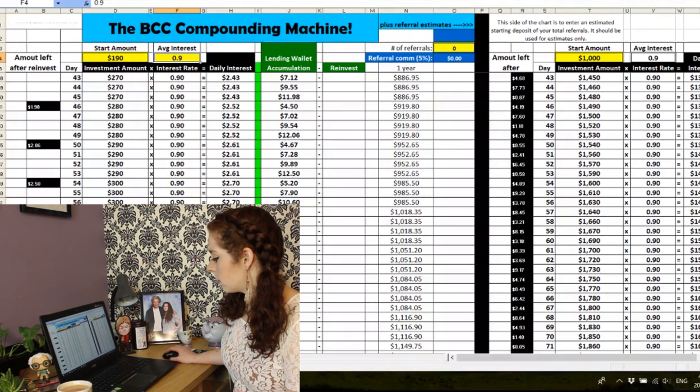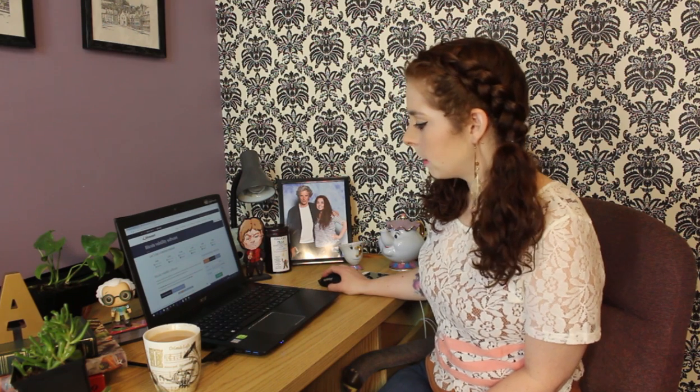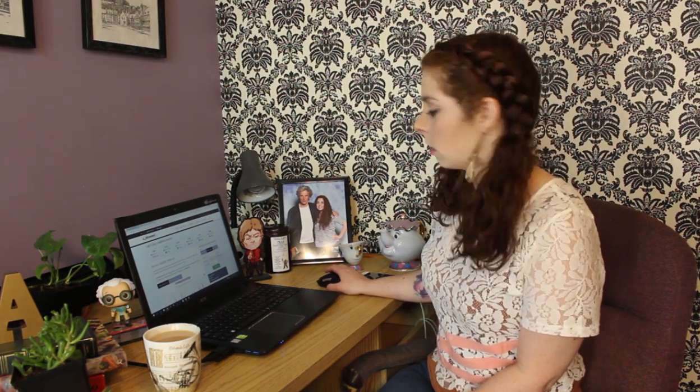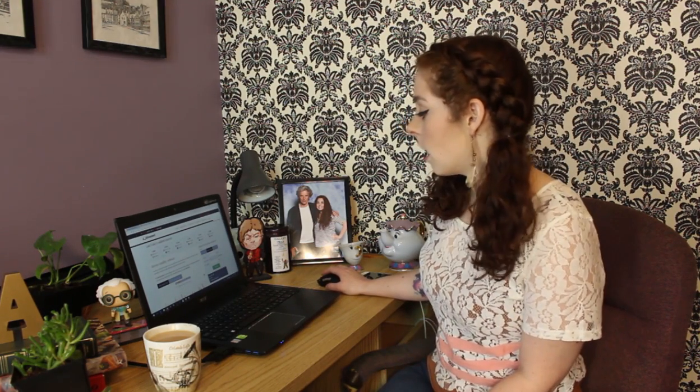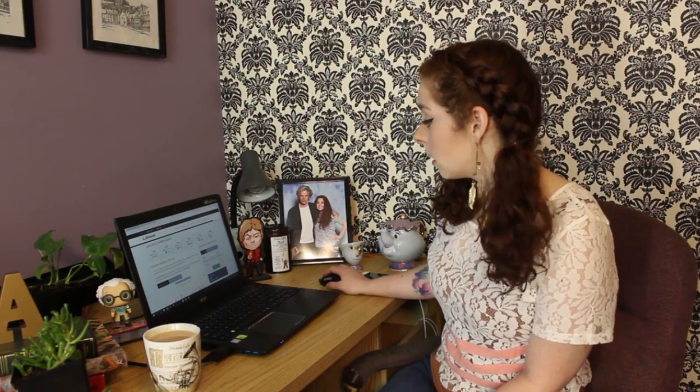Let's just quickly pull up the volatility. So the last 6 months, the rate of interest was 0.96. If we go with the last 30 days, it's actually 1.03%. The last 7 days is 1.12%.